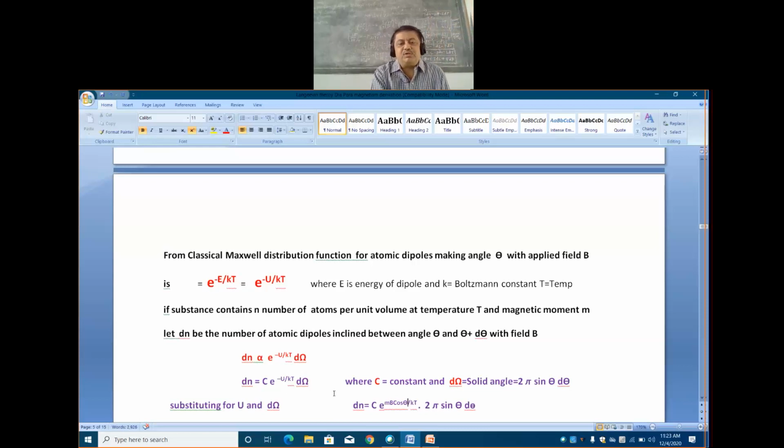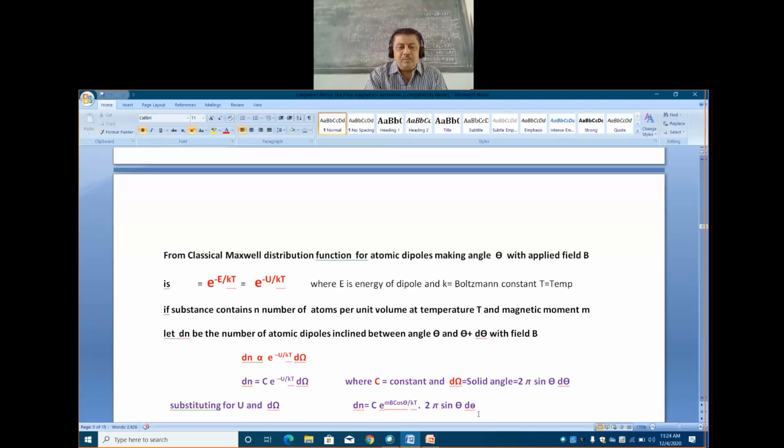Therefore this term becomes positive: c e raised to plus mb cos theta by kT. Why did it become plus? Because e to the power minus U by kT, and U is also negative, minus mb cos theta, so minus minus becomes plus. Therefore dn is equal to c e to the power mb cos theta by kT into d omega, which is 2 pi sin theta d theta.